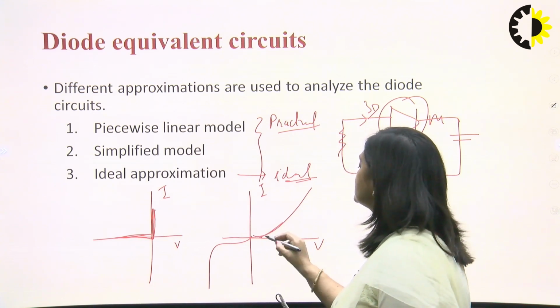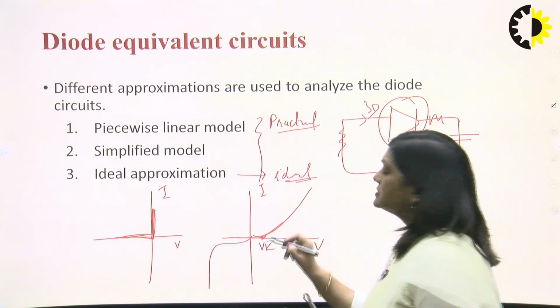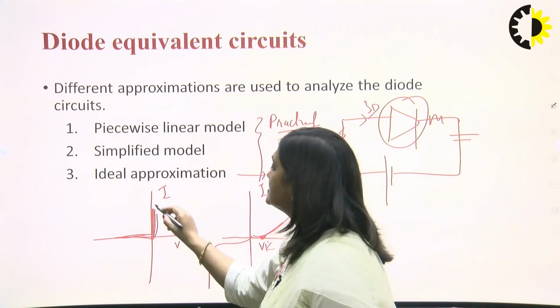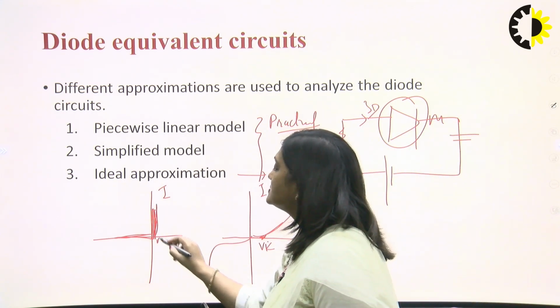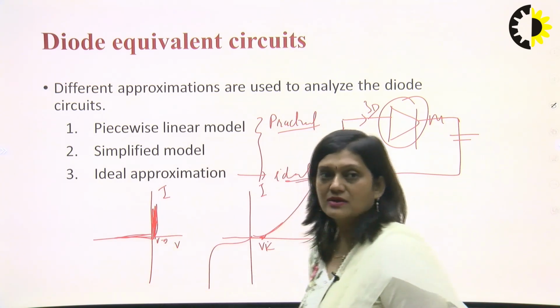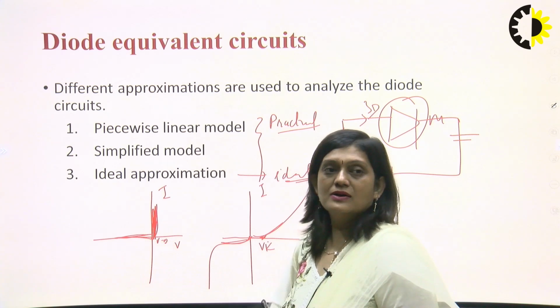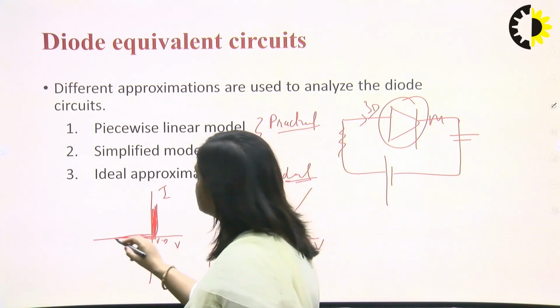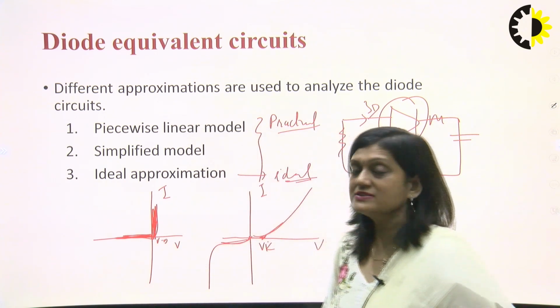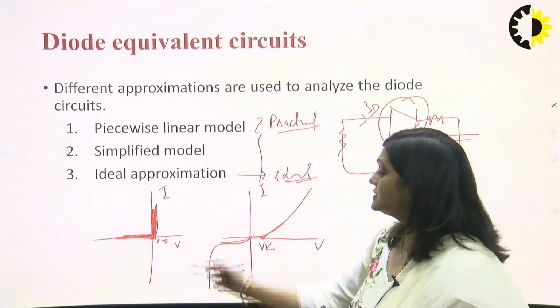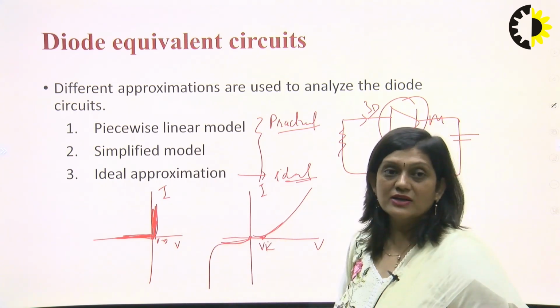So conduction starts at V equal to 0, and the reverse saturation current is also 0 in the ideal diode. So there is a difference between the ideal diode and the practical diode.